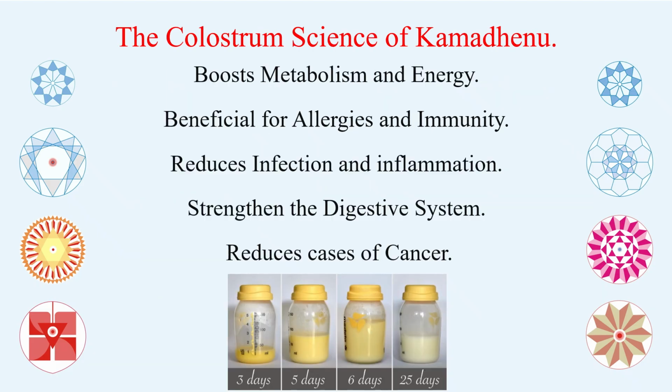We are going to talk of that step by step. Let me tell you, cow milk gives colostrum, a sign of Kamadhenu. It boosts metabolism and energy. It is used for allergies and immunity, reduces infection and inflammation, strengthens the digestive system, and reduces cases of cancer. So even the colostrum which comes from the cow in the first few days after delivering the calf is very beneficial, and it is given to the calf as well as to human beings as a source of great metabolism, energy, and protection against infection and allergy.